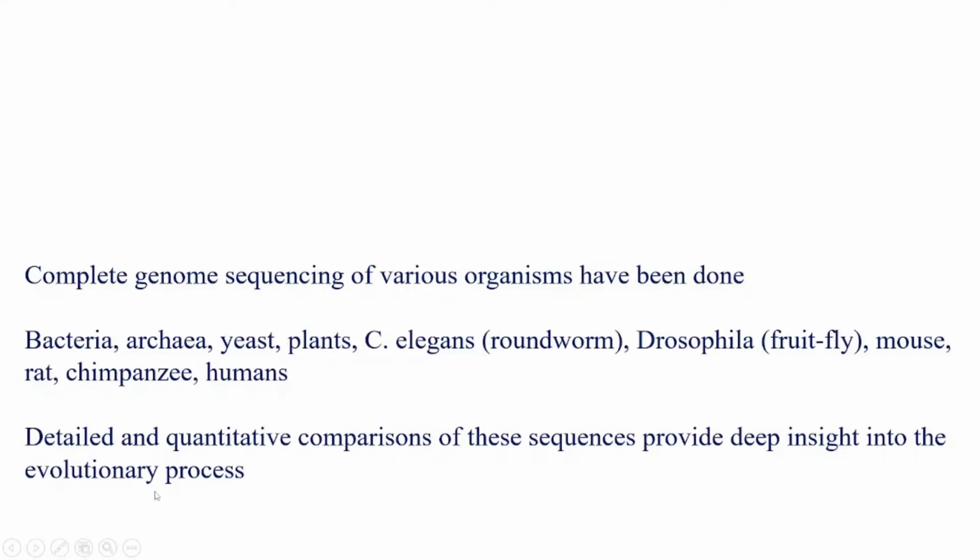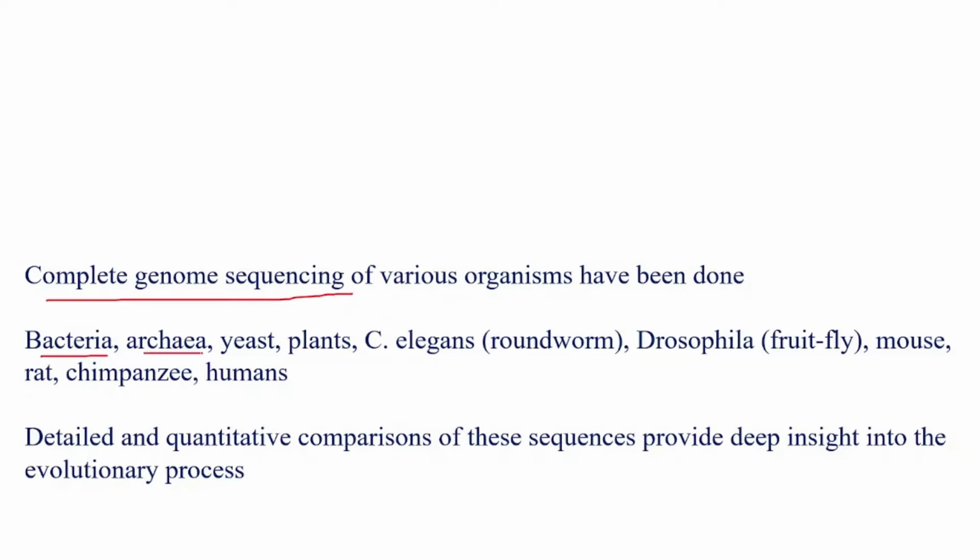Complete genome sequencing of a number of organisms has been done. That means we have the complete information about the genome of certain organisms, like bacteria, a number of which have been sequenced.